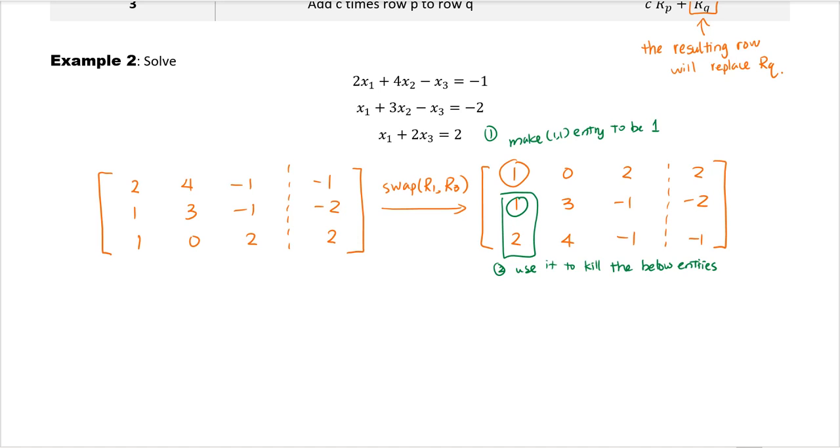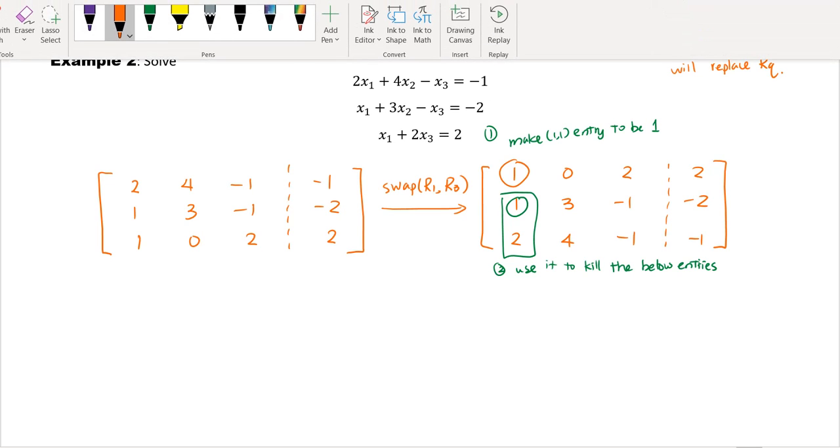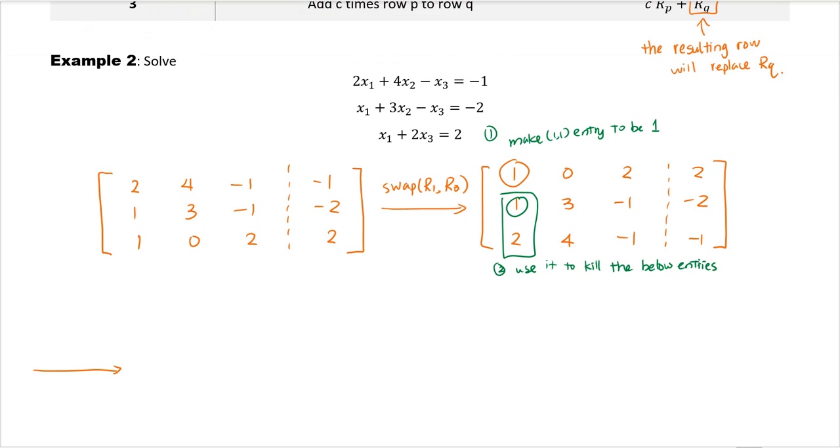Okay, so let's see. How do we kill this row? Because we want to have the first row stay there, and we want to replace the second row by the new row. So that's why the row operation we should do is we use minus row 1 add to row 2.